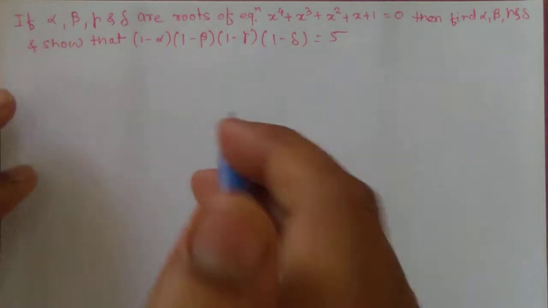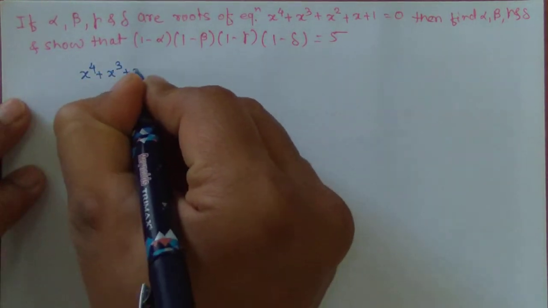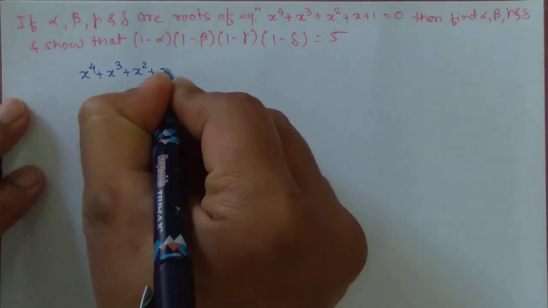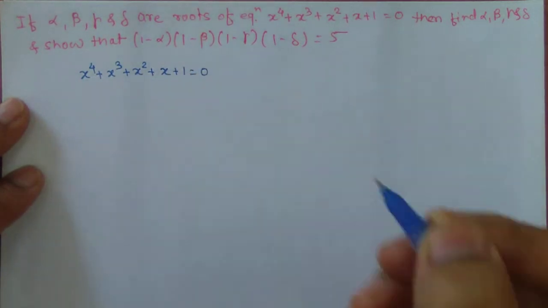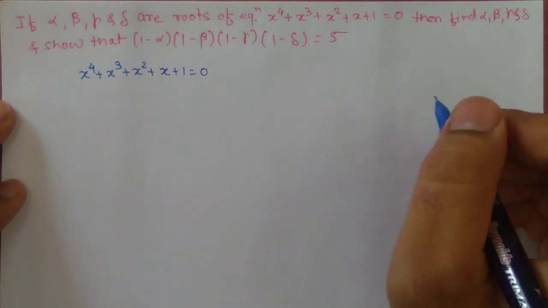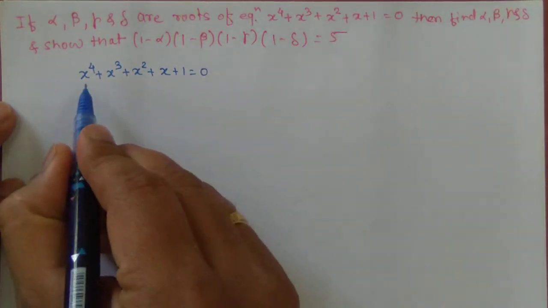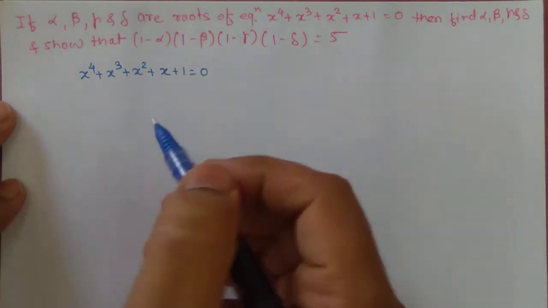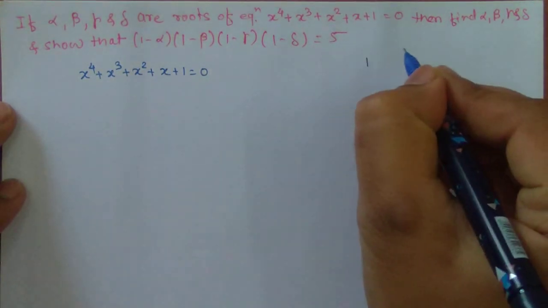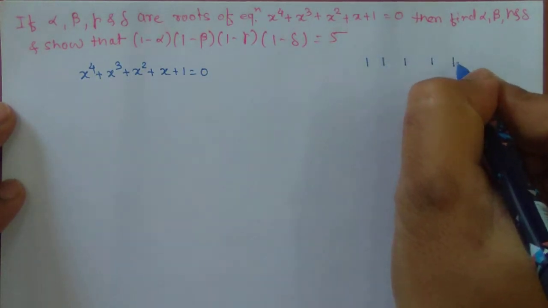See, x raised to 4 plus x cube plus x square plus x plus 1 equals to 0. In the previous lecture, the problems which we have seen, we followed the synthetic division so that we get a factorization of this polynomial and then we proceed further. But here the coefficients are 1, 1, 1, 1, 1.